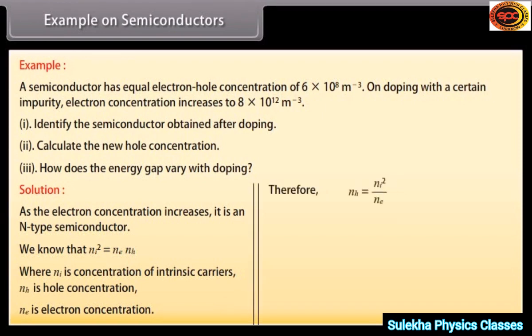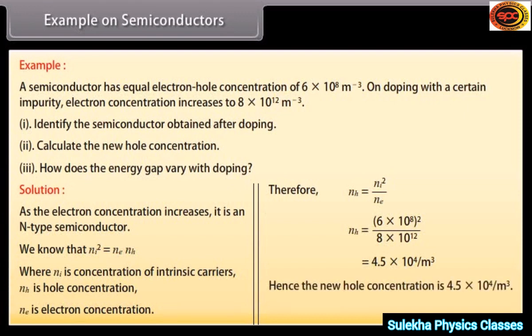Therefore, Nh = Ni² / Ne. On putting the values, we get Nh = 4.5 × 10^4 per meter cube. Hence, the new hole concentration is 4.5 × 10^4 per meter cube. With the doping, the energy gap decreases.